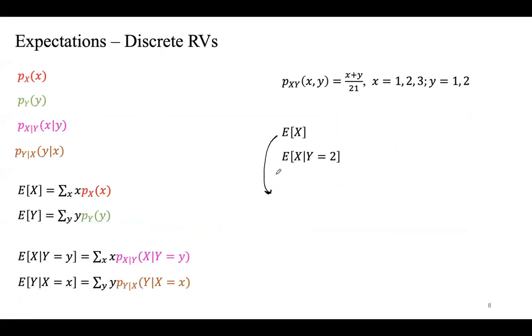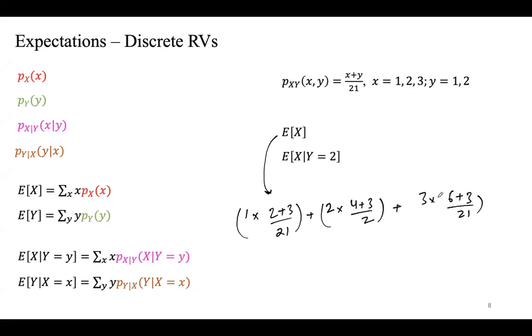So this one, let me solve here. It's going to be 1 into 2 plus 3 by 21. Then for the second value, which is 2, 2 into 4 plus 3 by 21. Then 3 into 6 plus 3 by 21.